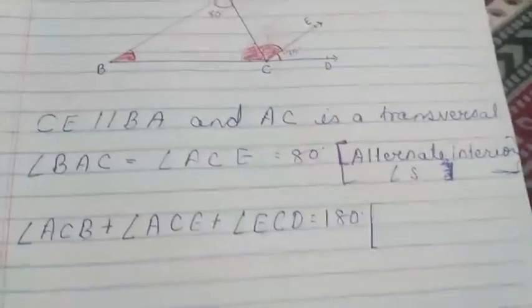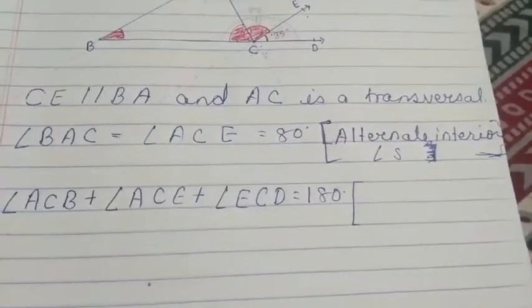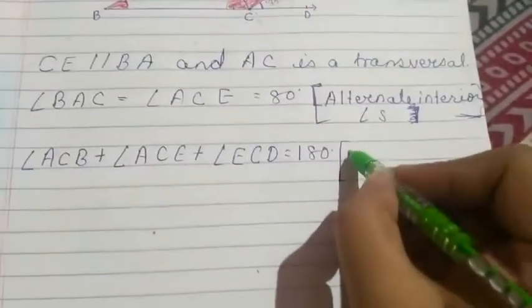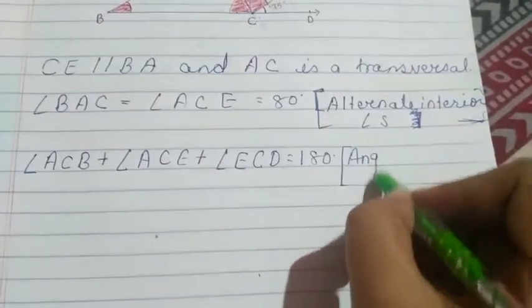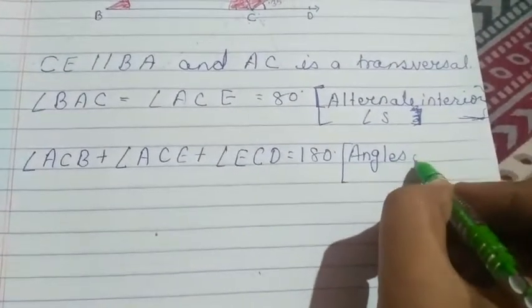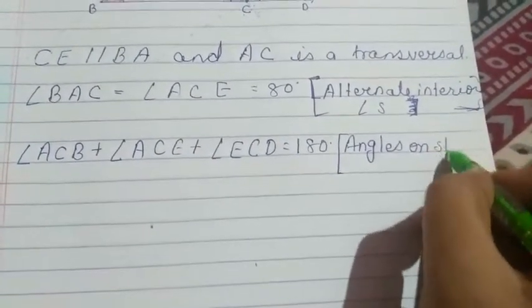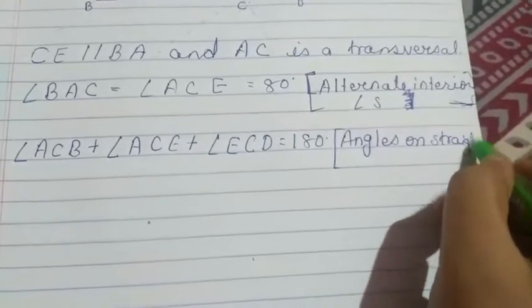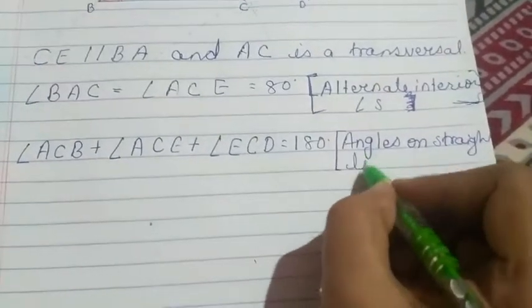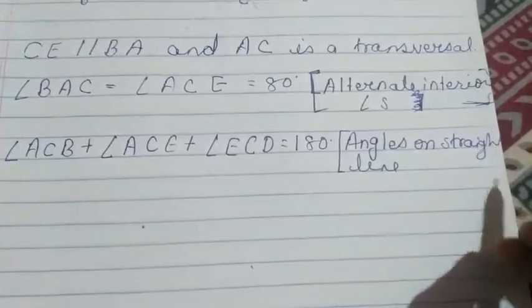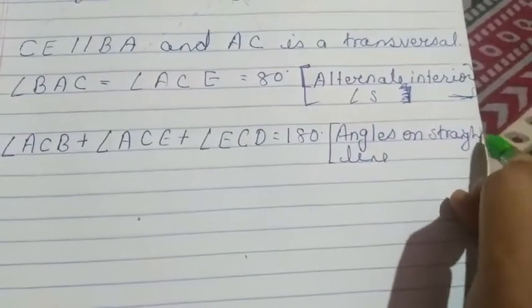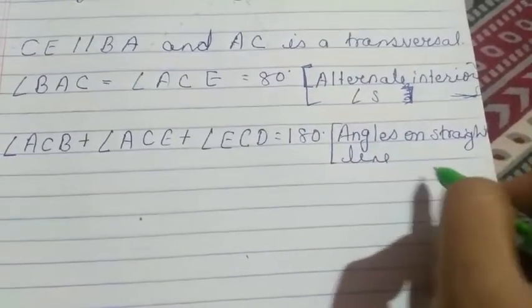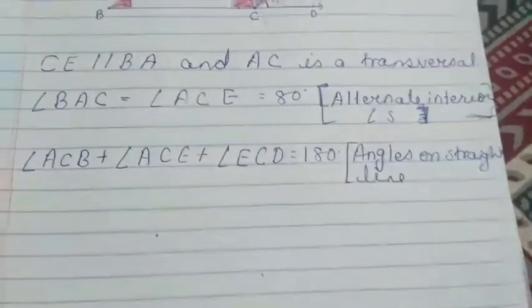By which law? Angles on a straight line. This is the property, angles on a straight line, isn't it?